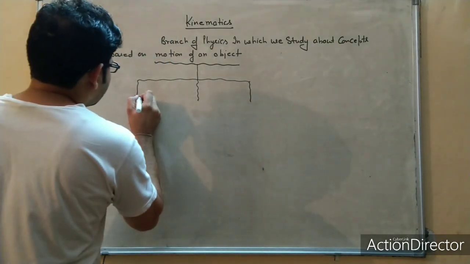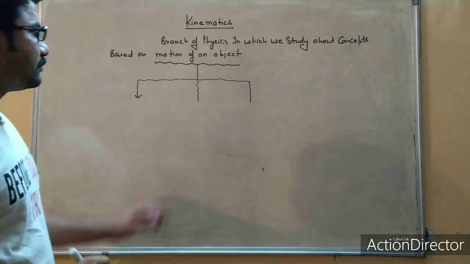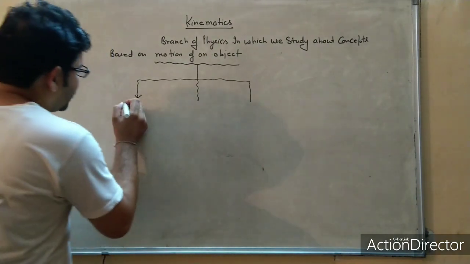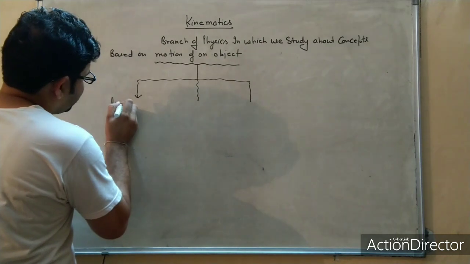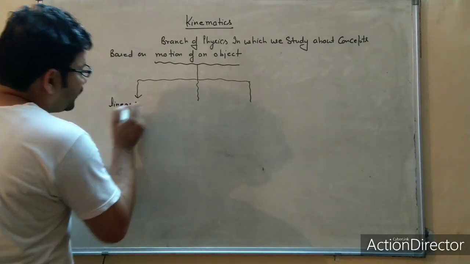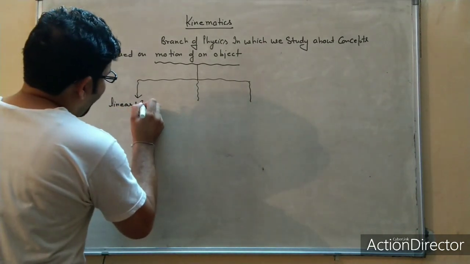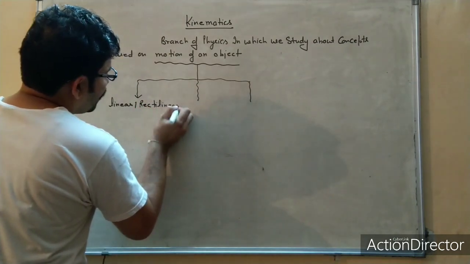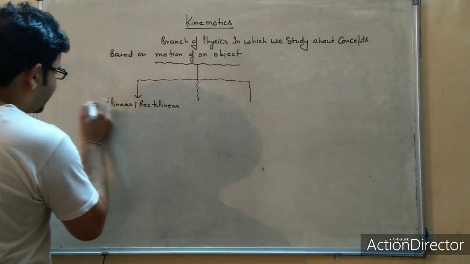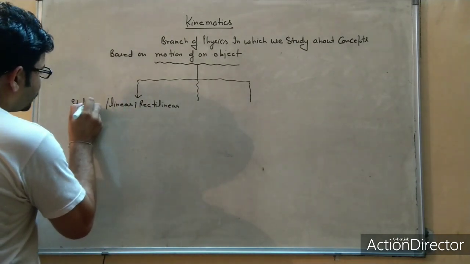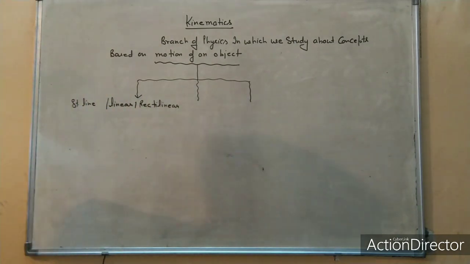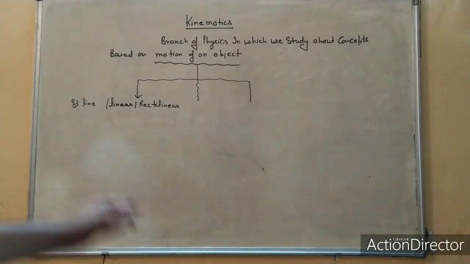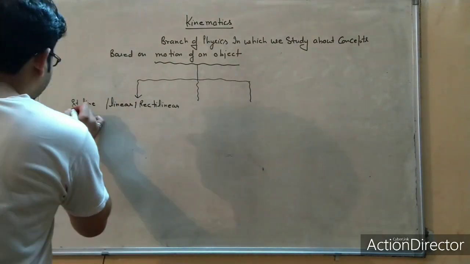First, linear motion. It may be called rectilinear, or it will also be called straight line, linear or rectilinear motion.